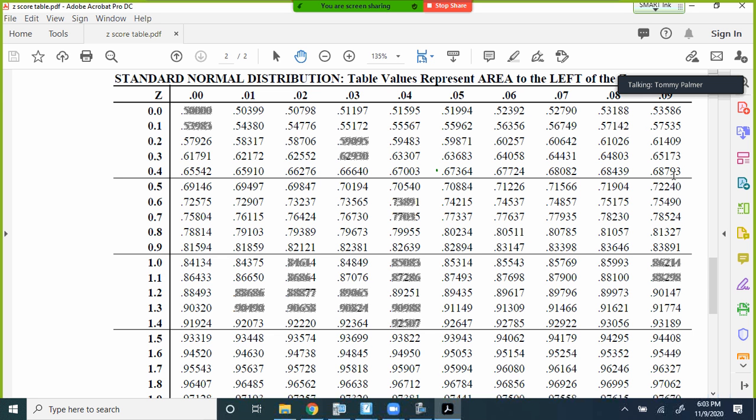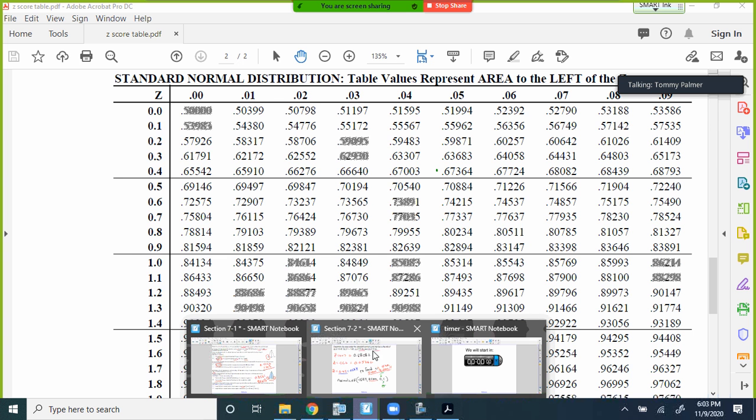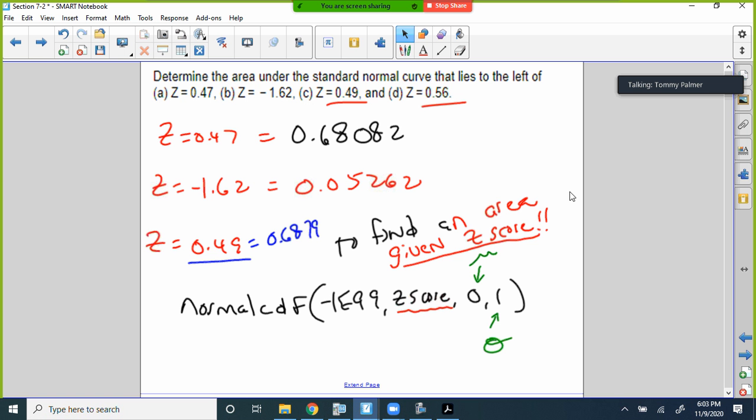And if you go to 4 decimal places, it'd be 0.6879, right? Does that make sense? So it correlates. Now, the table that I'm using goes to 5. The table that is in Pearson may only go to 4. Okay, so you need to look at it from a homework standpoint and say, what does it require me to go to? And it'll tell you.